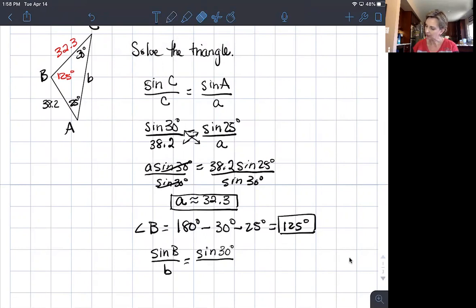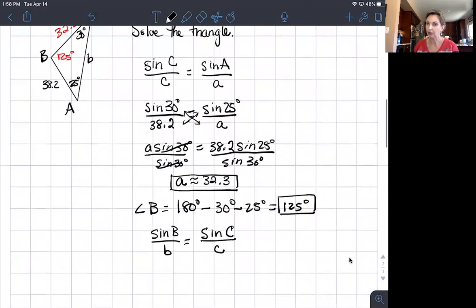Let's go ahead and write that out so we can be totally clear what we're doing. We're using angle C and side C, but you could use angle A and side A now that you know both of those. Angle B is 125 degrees, side B is what we're solving for, angle C is 30 degrees, and side C was 38.2.